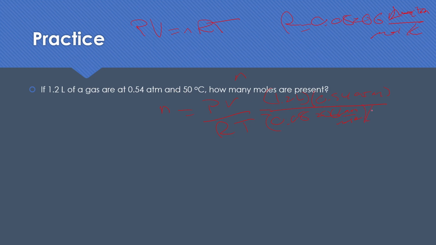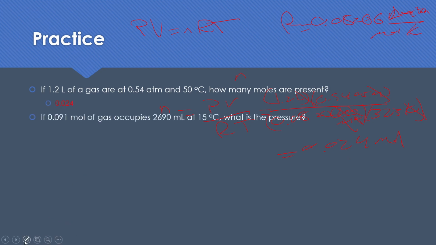So 50 plus 273 is 323 Kelvin. Liters cancel. Atmospheres cancel. Moles don't cancel. Kelvin cancels. And you get moles. And you find it to be 0.024 moles.